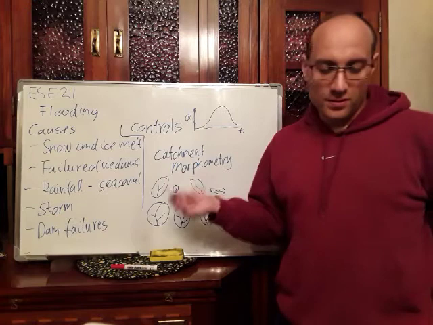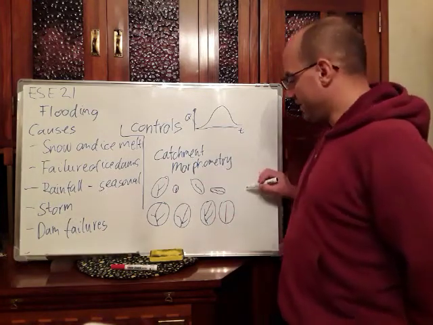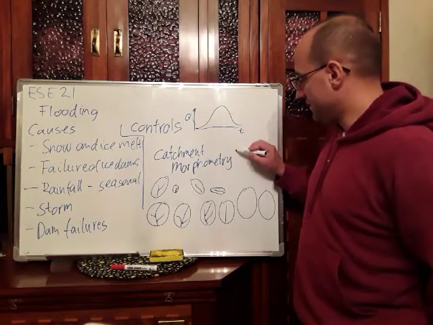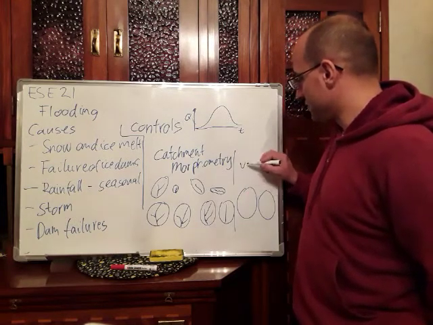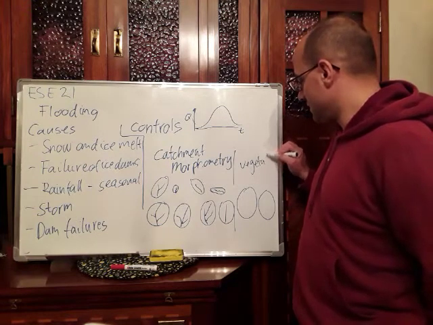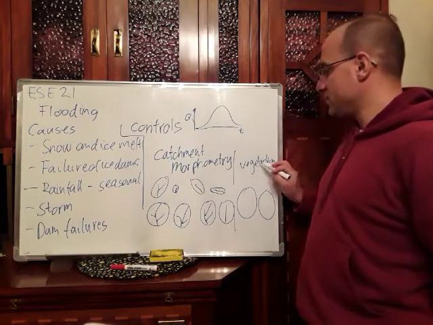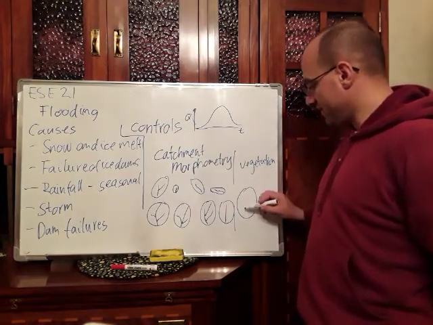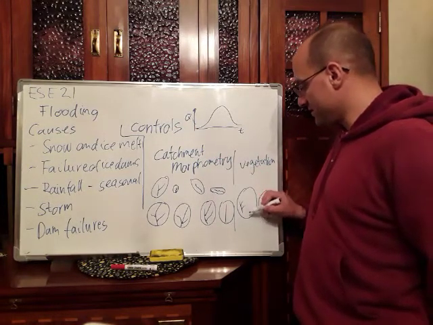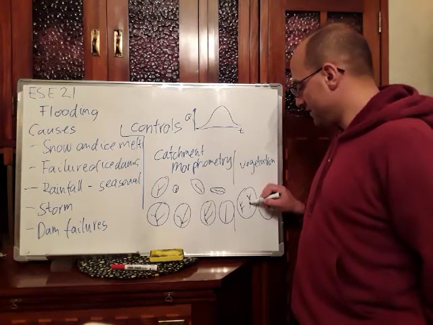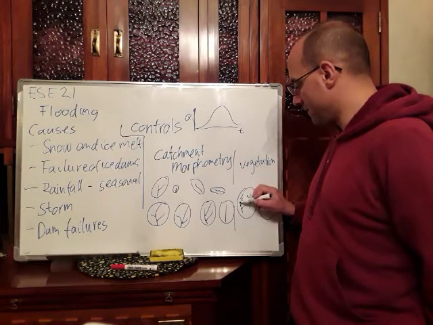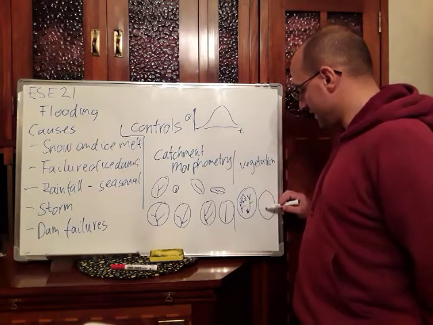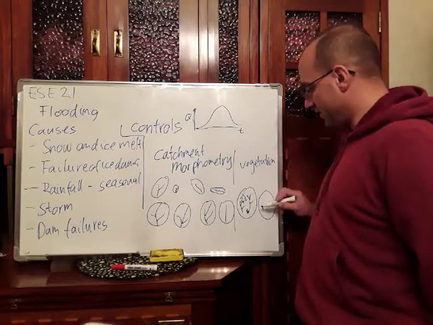Again, catchment morphometry, and also then we had a kind of control which is about vegetation. So vegetation and catchment morphometry are controls of floods, and in this case we have one case when we have dense vegetation, and in the other case we don't have.